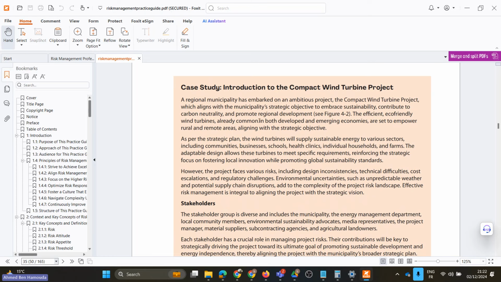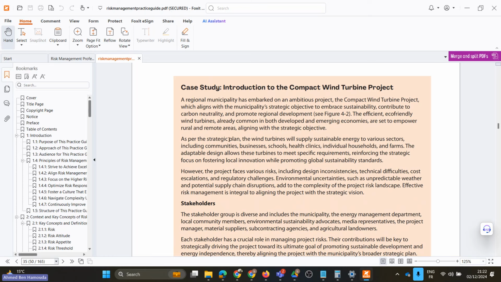The efficient, eco-friendly wind turbines, already common in both developed and emerging economies, are said to empower rural and remote areas, aligning with a strategic objective.